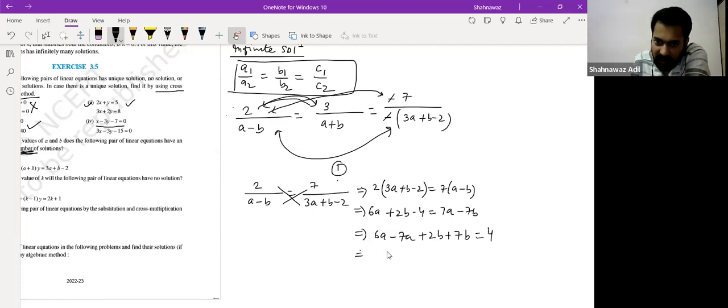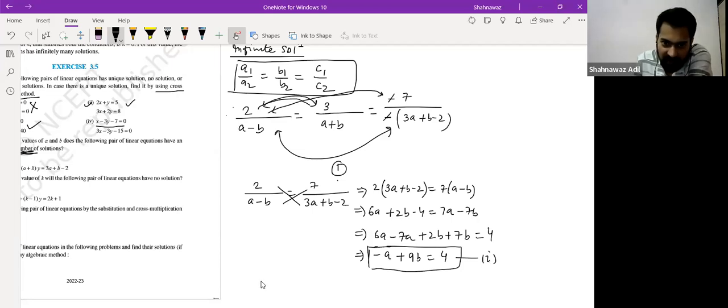So this is minus a plus 9b is 4. So this is one equation, right, guys? And the second one is, as Rizwan suggested, this one is simple.